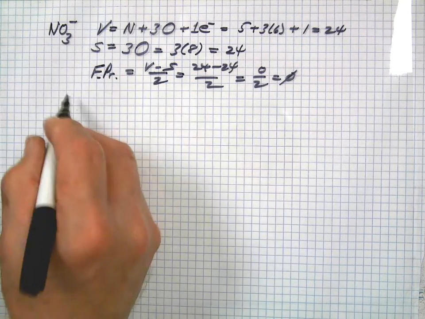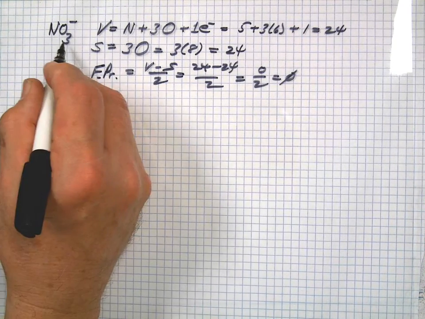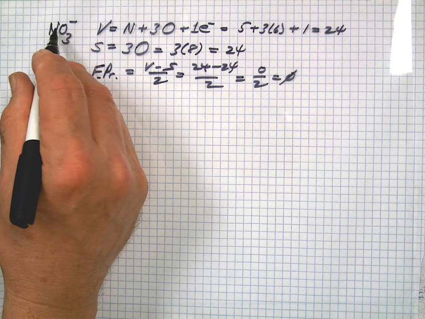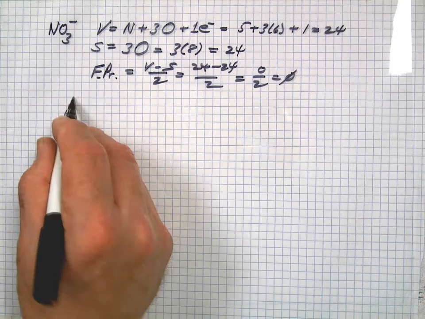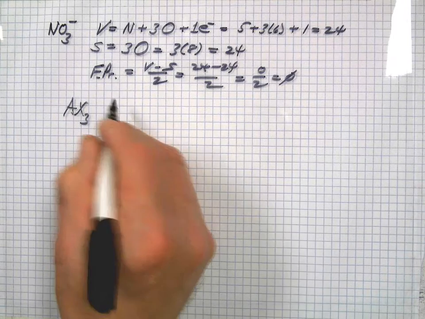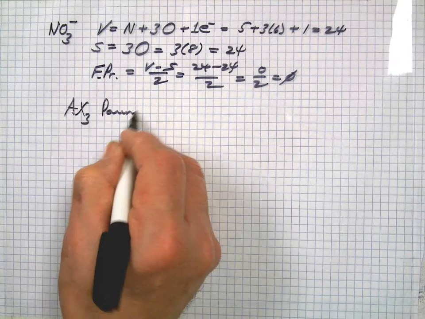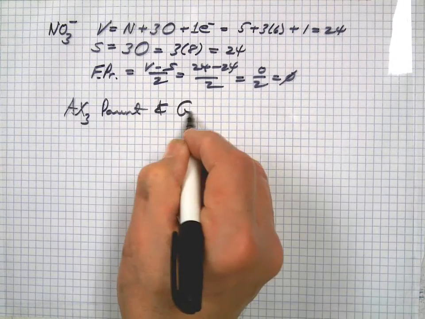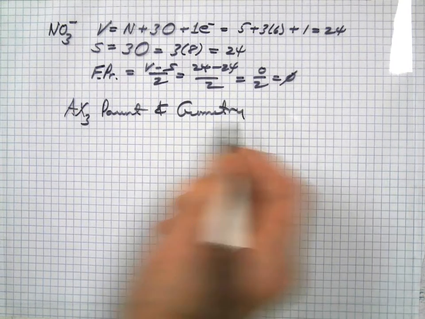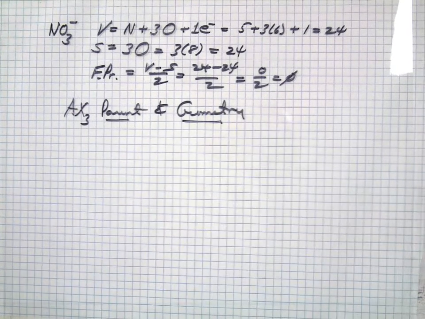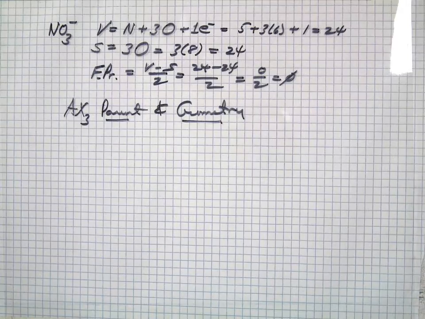So we have 3 substrates, or 3 attachments, on a central element. So our arrangement is an AX3 parent and geometry. A molecule can have both the parent structure and be the geometry of the molecule.